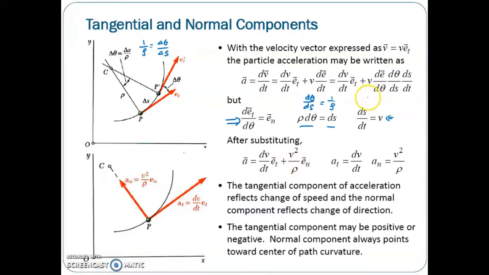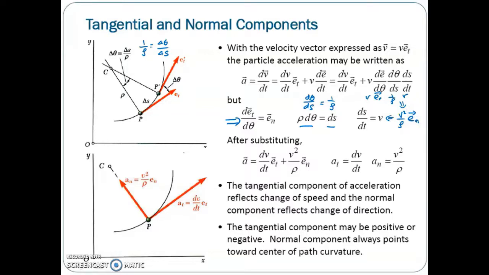So here we have our v, we have our En, dθ/ds is 1 over rho, this one we have a v, so basically it's giving us v squared over rho in the direction of En, right?